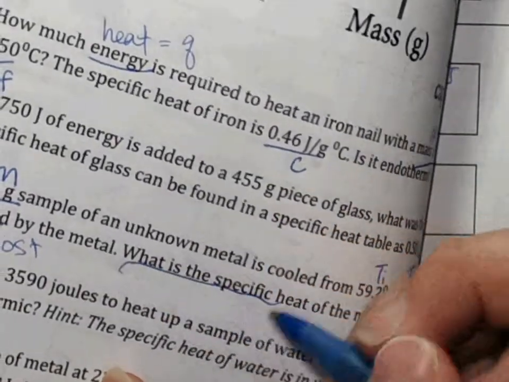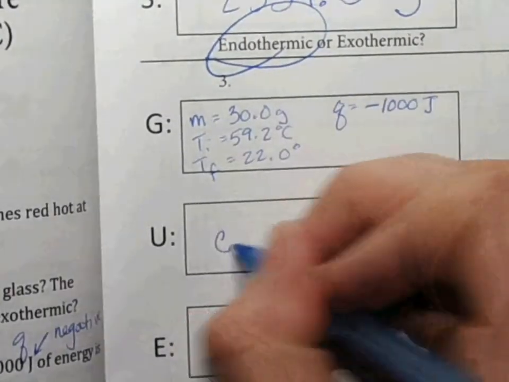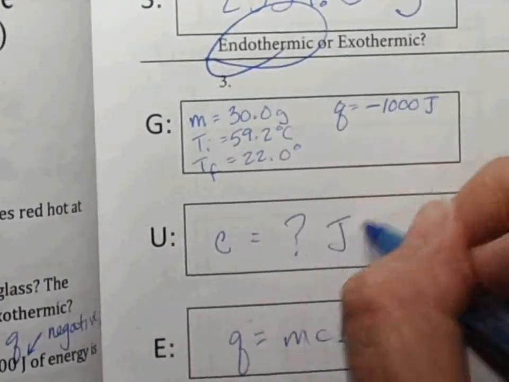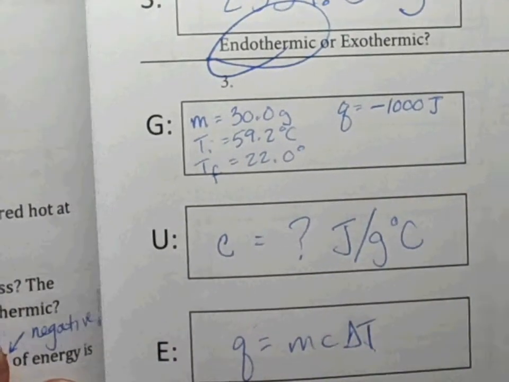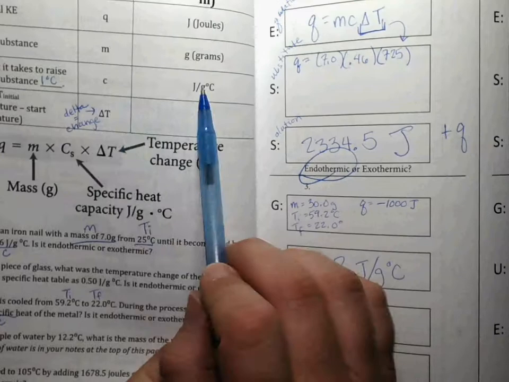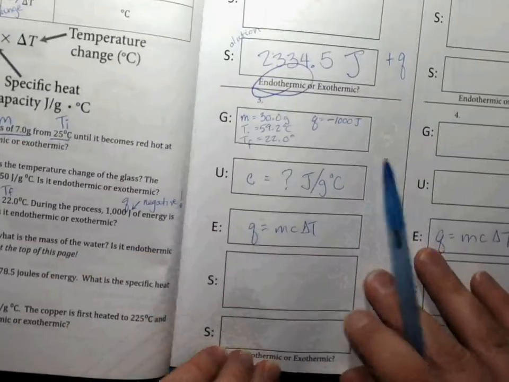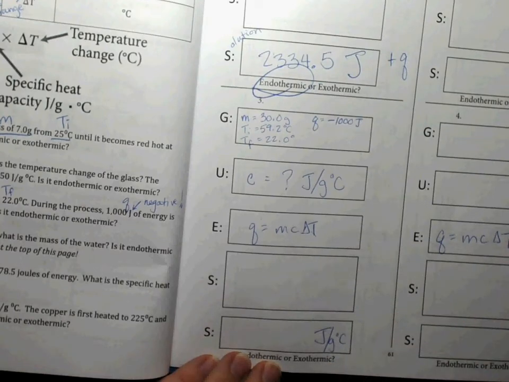So they want to know what is C. So our unknown is C, specific heat, which always has units of joules per gram degrees Celsius. Those units are, again, right up in our chart over here. So that's joules per gram degrees Celsius, and my answer needs to be joules per gram degrees Celsius.